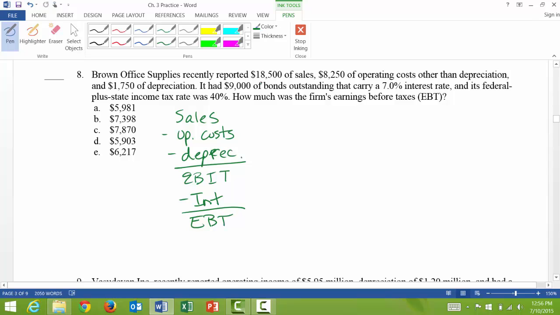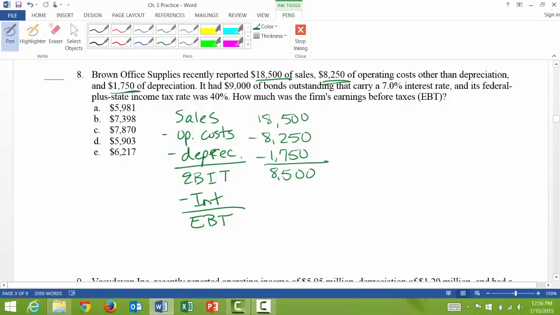So we look up and find our sales, 18,500. Operating costs were 8,250. Depreciation was 1,750. And so if I subtract those two, I get earnings before interest and taxes of 8,500.